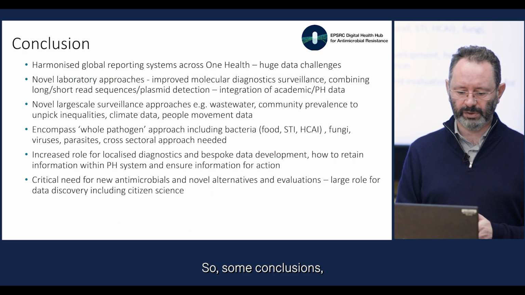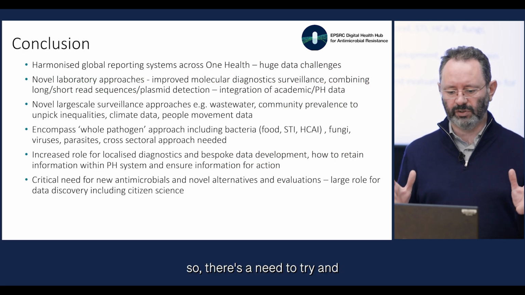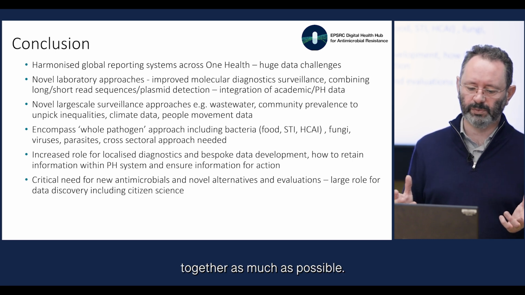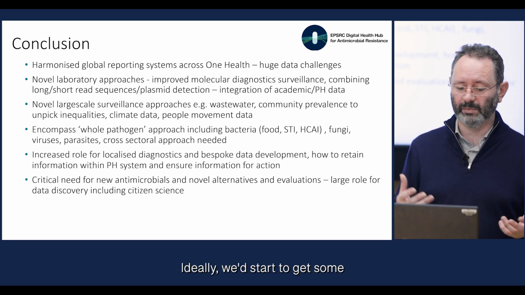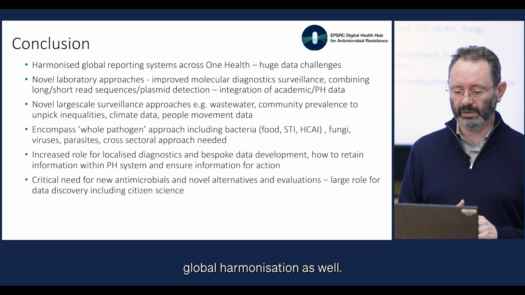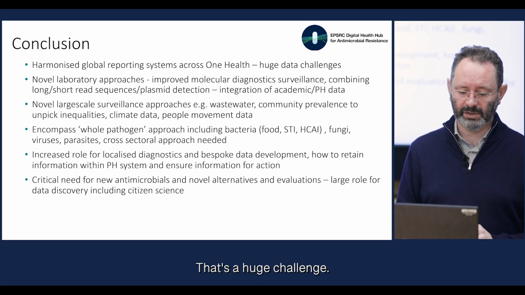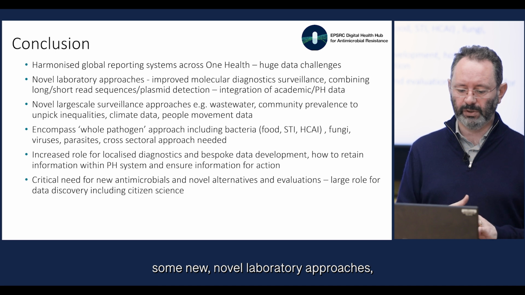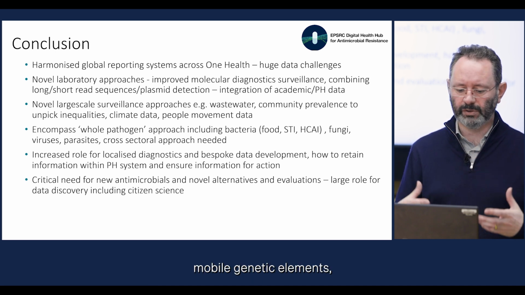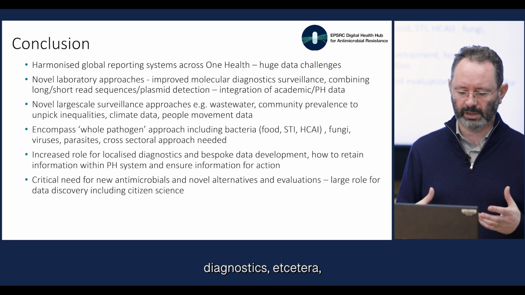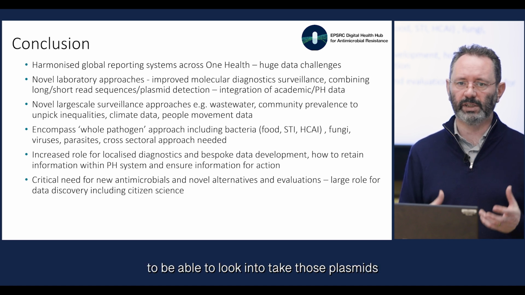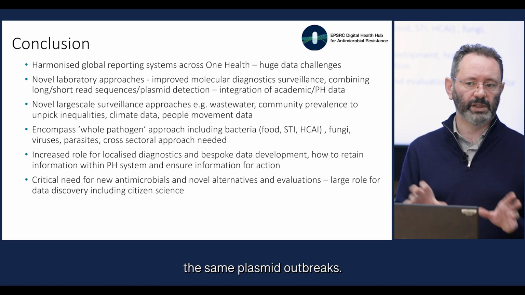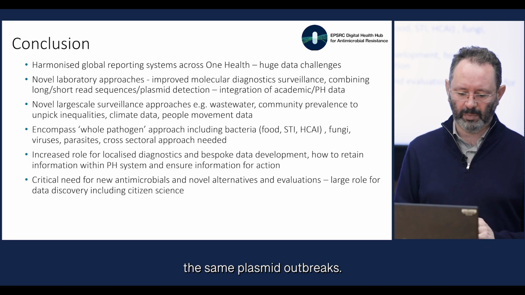So some conclusions. There's a need to try and bring that One Health data together as much as possible. Ideally, we'd start to get some global harmonization as well. That's a huge challenge. We need some novel laboratory approaches, particularly around mobile genetic elements, so molecular diagnostics, etc., to be able to detect those plasmids so we can identify those multi-species, same plasmid outbreaks.